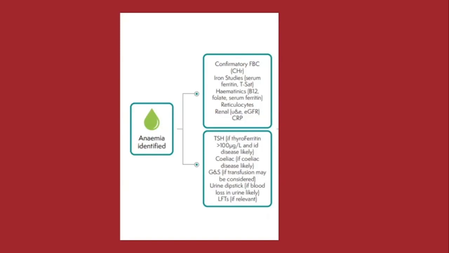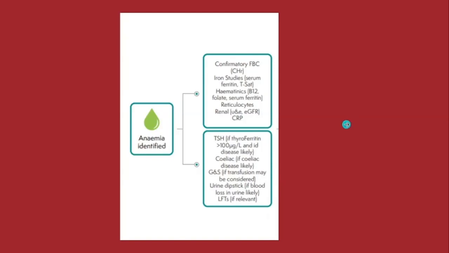The first thing you need to do is confirm the full blood count. It is reasonable to request another full blood count for the patient, and you will have parameters such as mean corpuscular volume and hemoglobin levels.